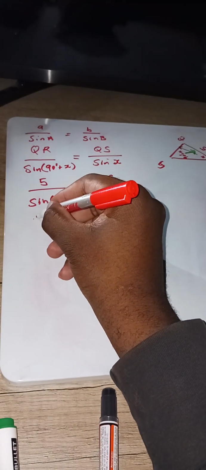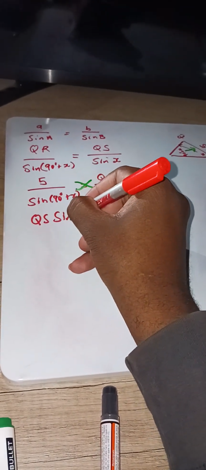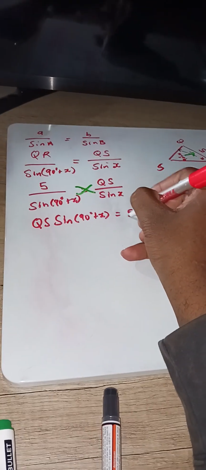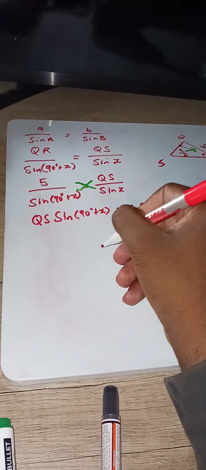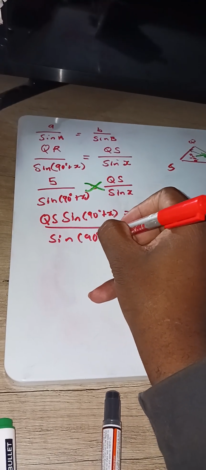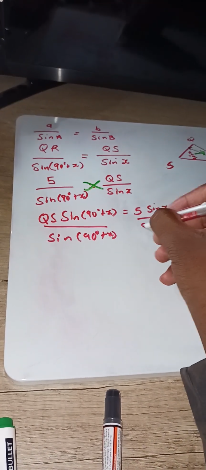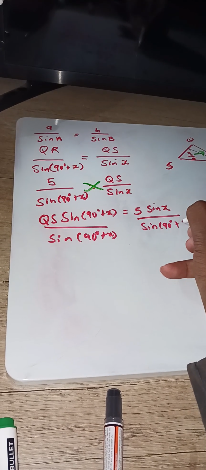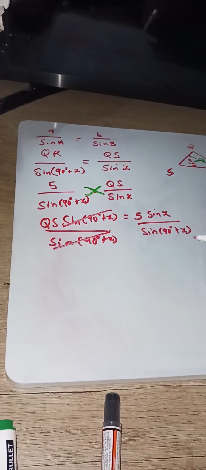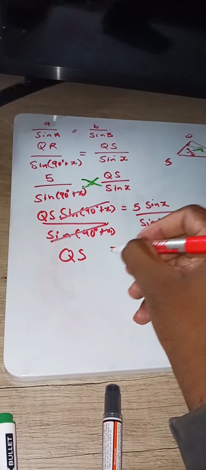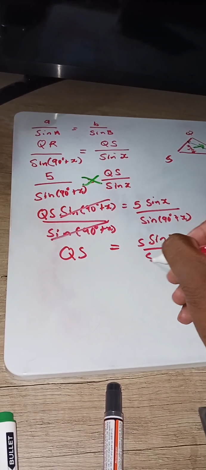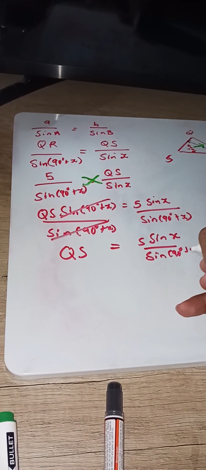And when we do that, we get that QS sine of 90 plus X is equal to 5 sine X. Then we divide both sides by sine 90 plus X. Then this will divide to make a 1, and we're left with QS being equal to 5 sine X over sine 90 plus X.